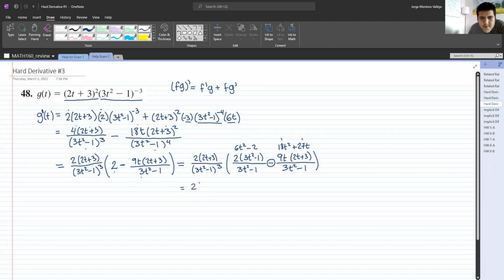Okay, so let's see. 6t squared and then minus 18t squared. 6t squared minus 18t squared, that is minus 12t squared, right?